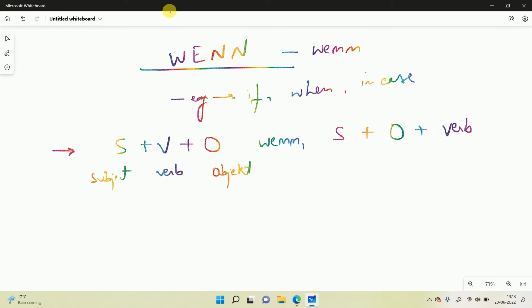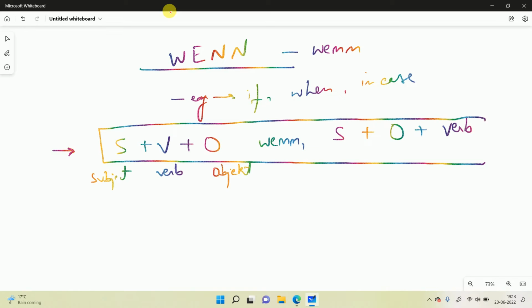Okay, so this is the formula of using, actually not only wenn, sondern in fact every subordinating conjunction can be framed in this way. That is, the two sentences will be joined: subject, verb, object, then wenn, subject, object and verb.